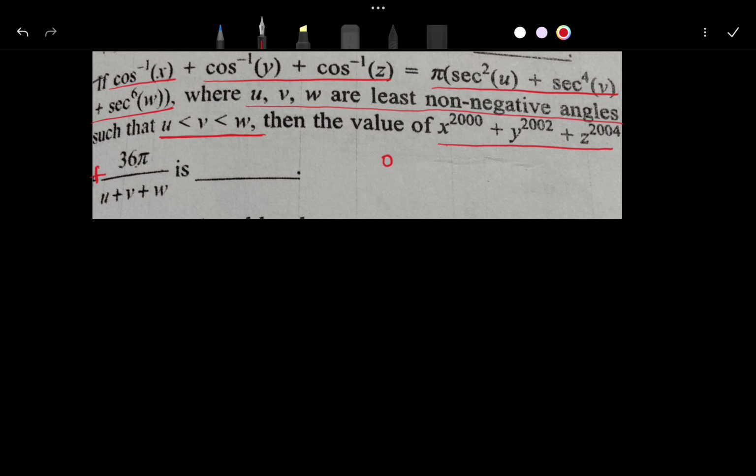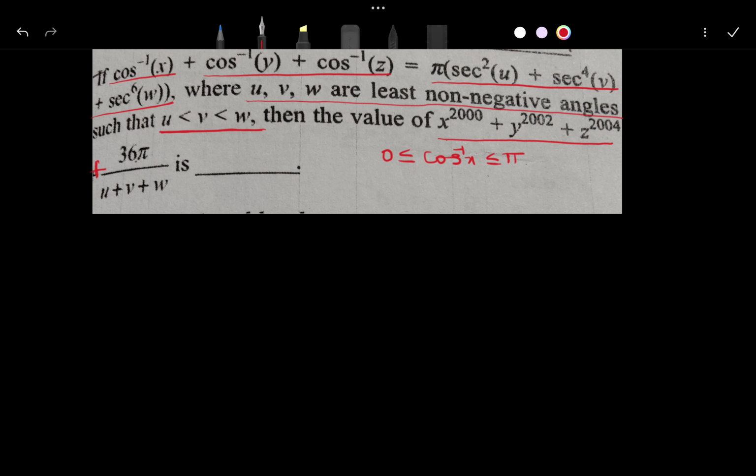One is that the range of cos inverse of x is 0 to 180, that is 0 to pi. This is point 1. Next, you know that secant square theta is always greater than or equal to 1. These two are fundamentals in trigonometry.